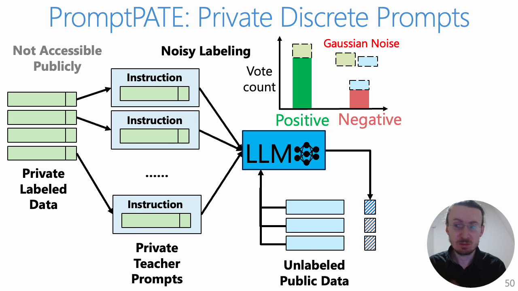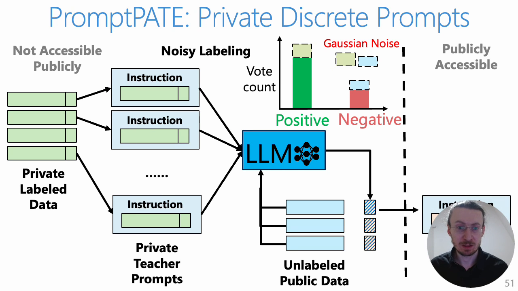To protect privacy, we add Gaussian noise on top of the vote counts. Intuitively, we do not want any single data point from the teacher prompt to influence too much the output of the predictions. Thus, in these settings, the random noise added to the vote counts prevents the outcome of aggregation from reflecting the vote of any individual teacher, and in this way, we protect privacy of the private data points.